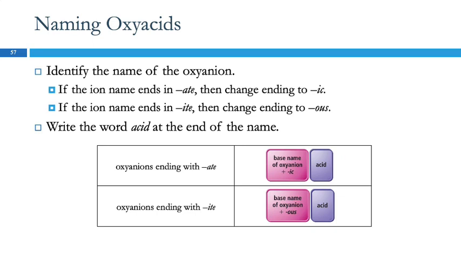So you look at the name of the oxyanion. If the oxyanion ends in ate, like nitrate, then you change the ate to ic acid. If it ends in ite, like sulfite, then you change the ending to us, sulfurous acid.